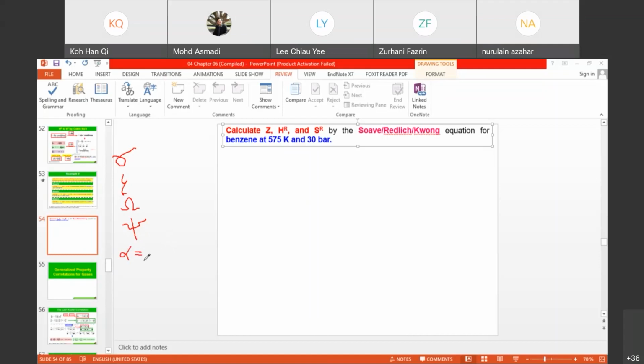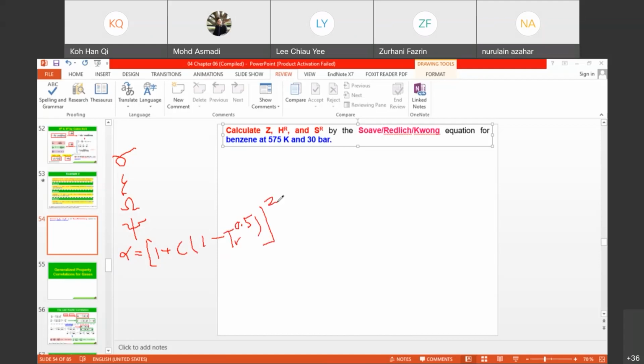alpha(TR) equals 1 plus c times (1 minus TR to the power 0.5), all squared.